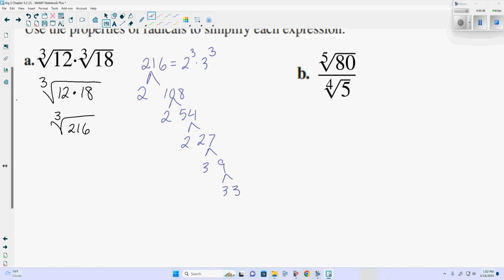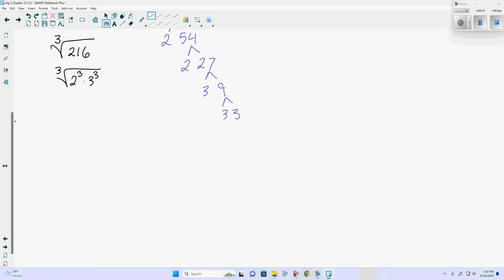And the reason that's important for us is because we're saying that we're taking the cubed root of 2 to the 3rd times 3 to the 3rd. Well, what is the cubed root of 2 to the 3rd power? It is just 2.